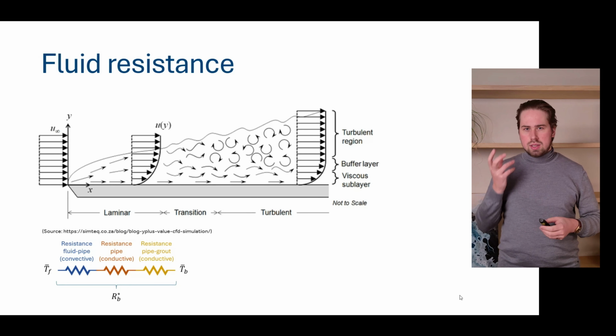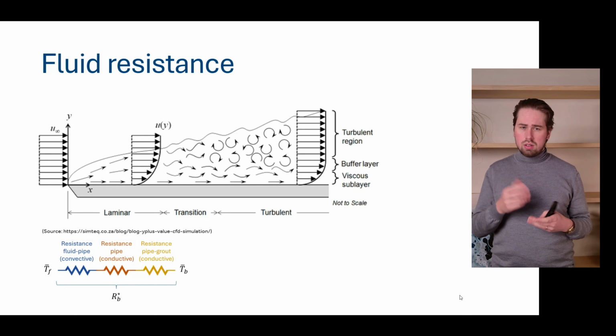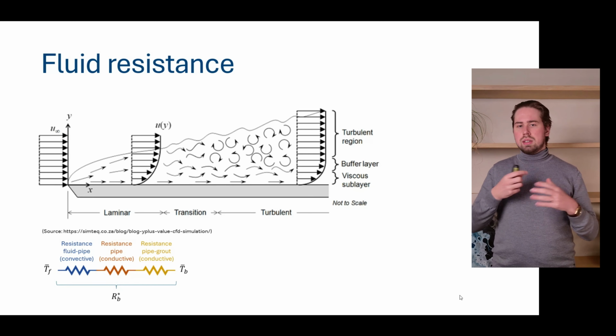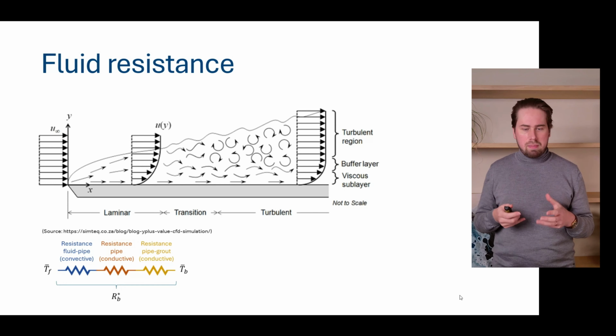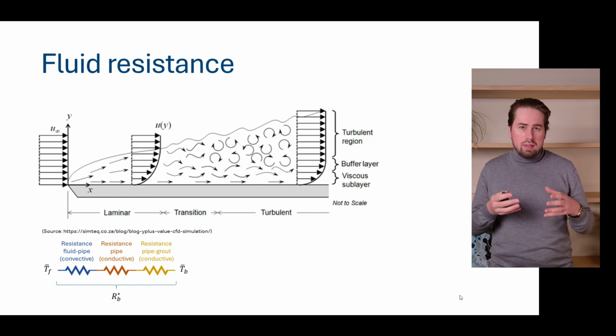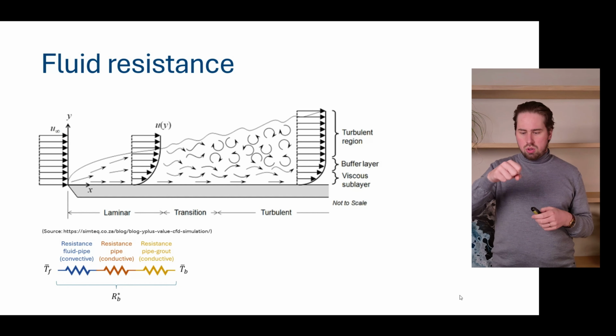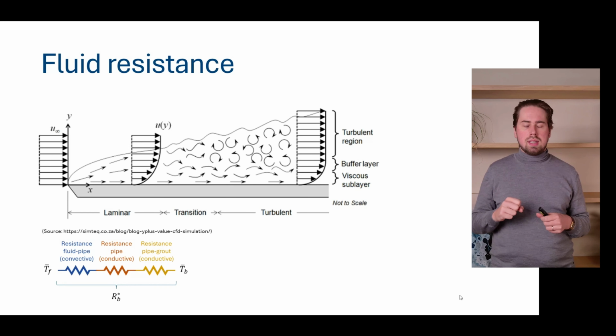Now, in order to understand this, we need a little bit of fluid mechanics. And on the slide, you can see clearly what is important. So, fluid can be in different regimes, what we call. Imagine you're at home and you're opening the water tap in the sink just ever so slightly.